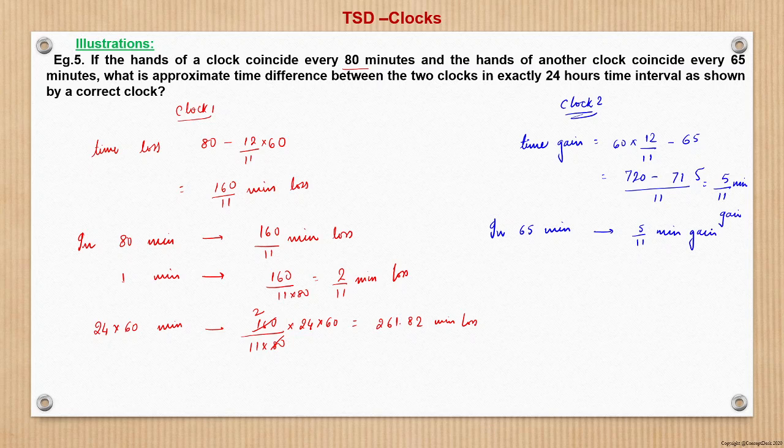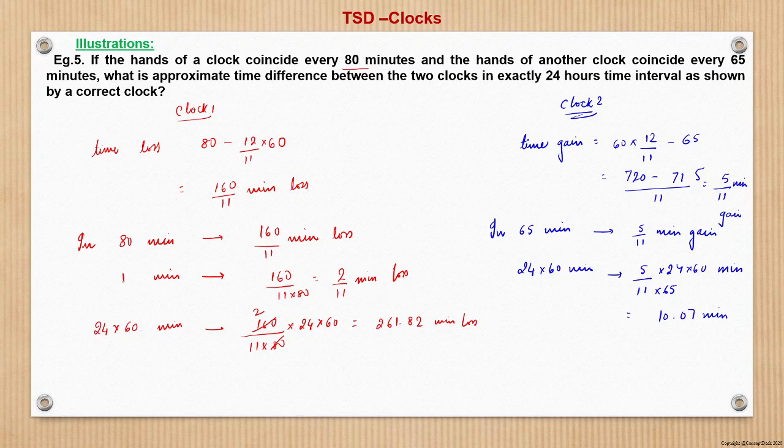So in 24 into 60 minutes, that is 24 hours, what will be the net gain? That will be 5 by 11 into 24 into 60 upon 65, and this will be 10.07 minutes.